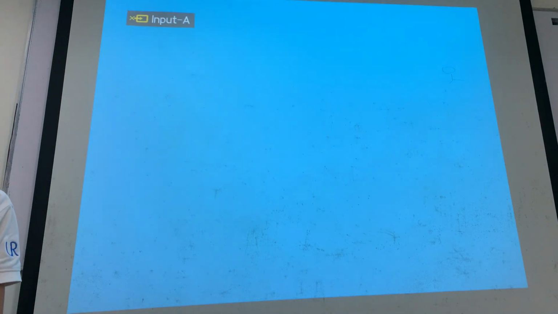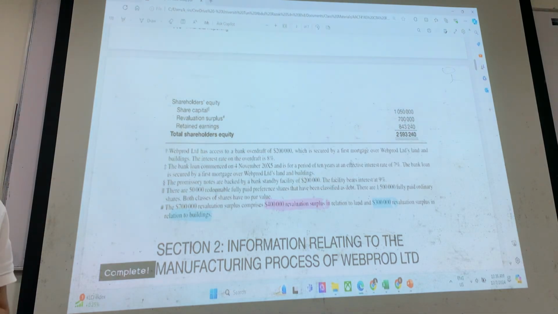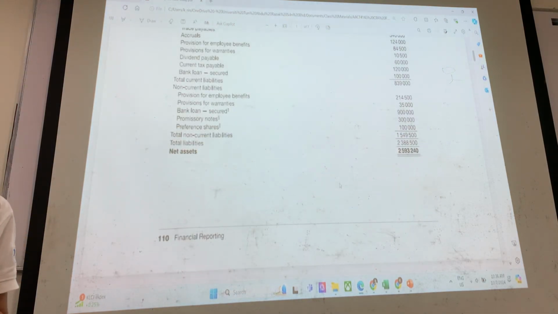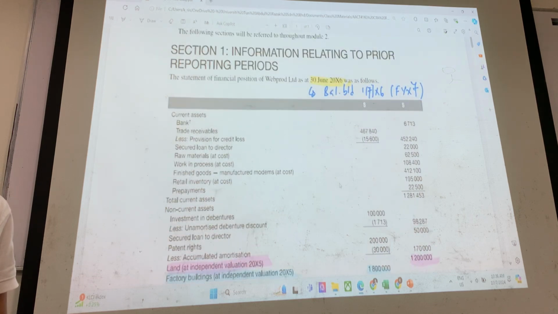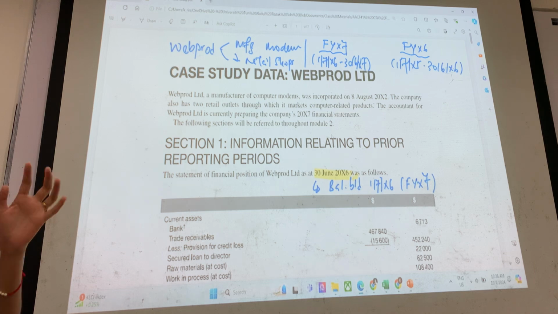So if you look at the web prop case, I think I printed it. I actually reprinted separately for the web prop case. So I see section 1 is a brought down. By the way, I don't expect you to look at it yet.